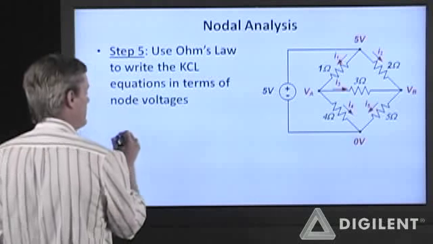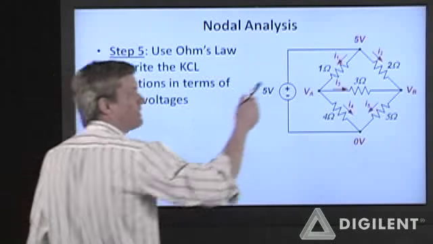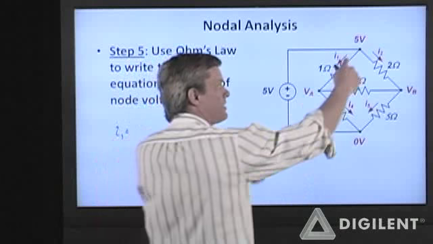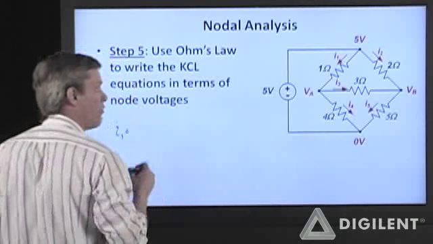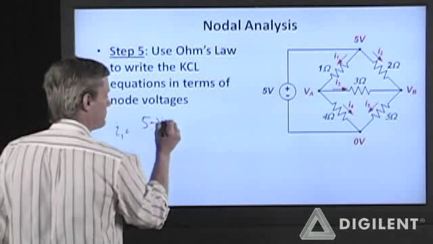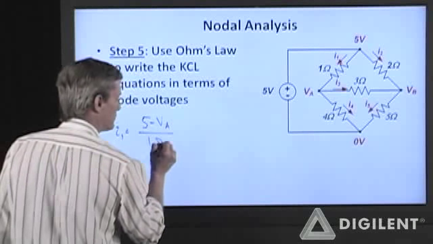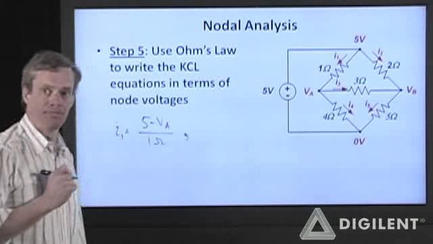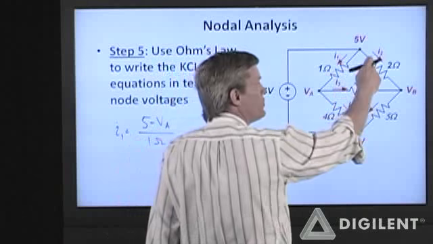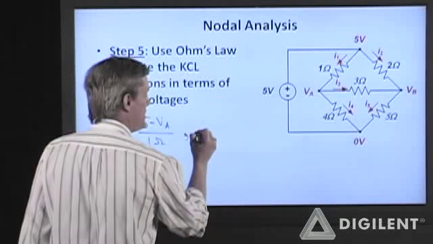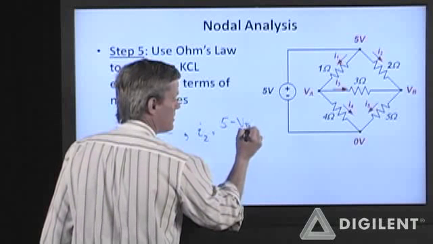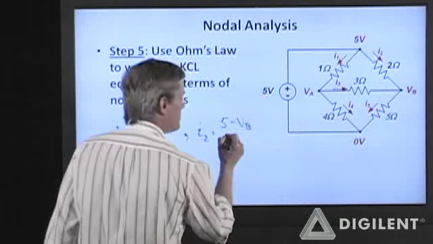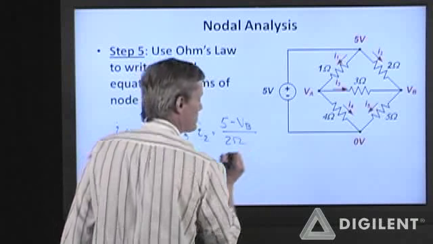So I1, if it's positive this direction, is the voltage difference, 5 minus VA, over the resistance 1 ohm. I2 is 5 minus VB, the voltage difference over the 2 ohm resistor, divided by the resistance 2 ohms.